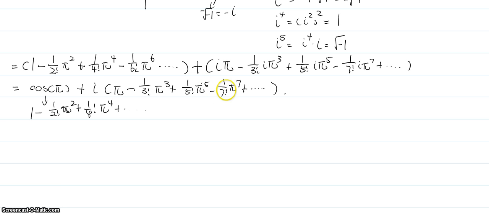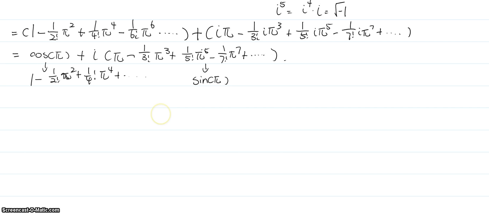This second group somehow miraculously looks like sine of pi, because the Taylor series of sine of pi is the exact same thing as the one in the second group. So I can rewrite the whole thing as cosine of pi plus i sine of pi.